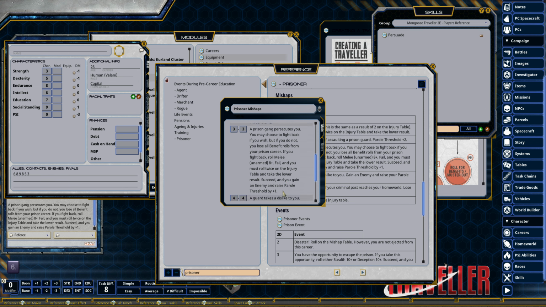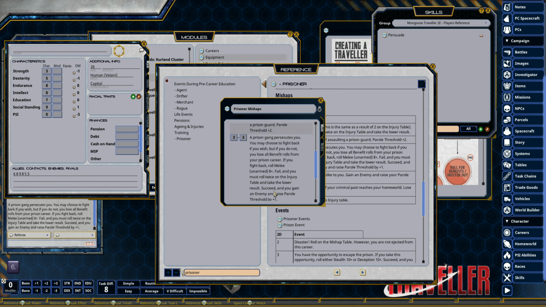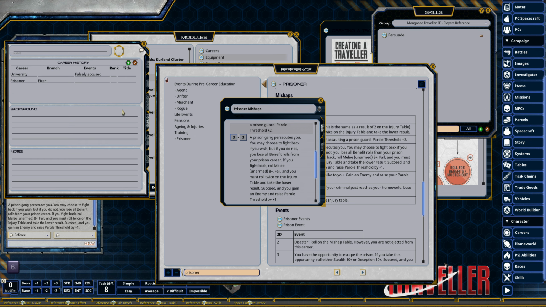Succeed, and you gain an enemy and raise parole threshold by 1. We're not worrying about parole threshold because, as per the event that I took in university, I get out after this term. So prison gang persecutes me. Basically, I went up against the space skinheads.